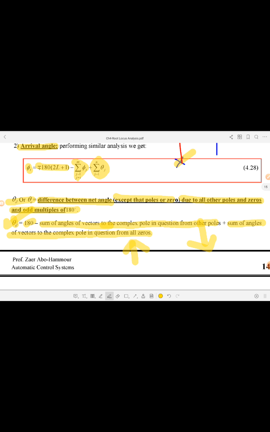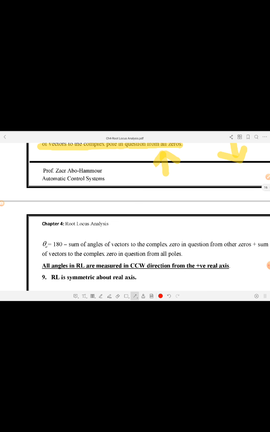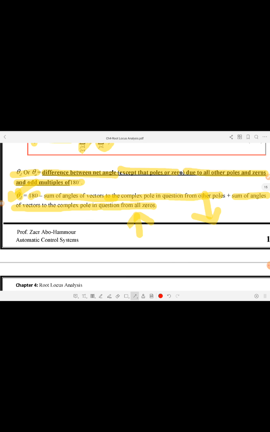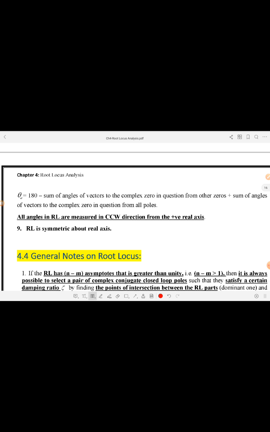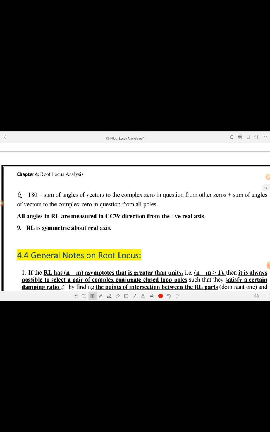This is why it's calculated from other poles, while regarding the zeros we calculate from all zeros.